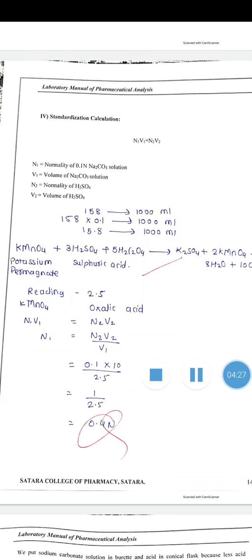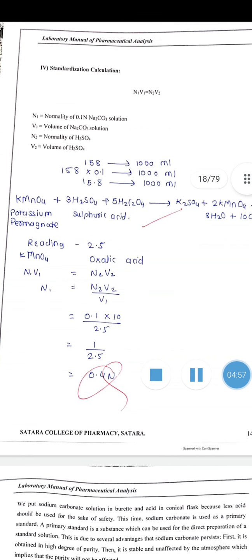The standardization calculation formula: N1 into V1 is equal to N2 into V2. N1 means normality of the 0.1 normal sodium carbonate solution, and V1 is the volume of sodium carbonate solution, then N2 is the normality of sulfuric acid, and V2 is the volume of sulfuric acid.